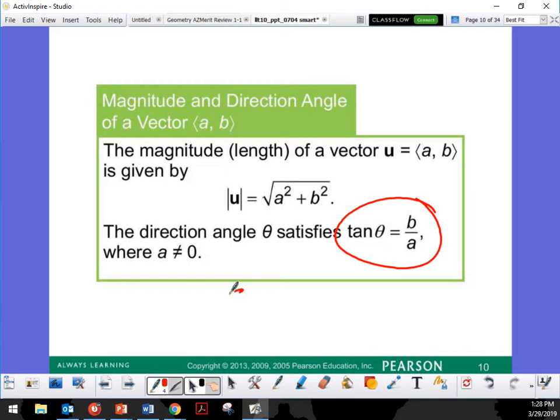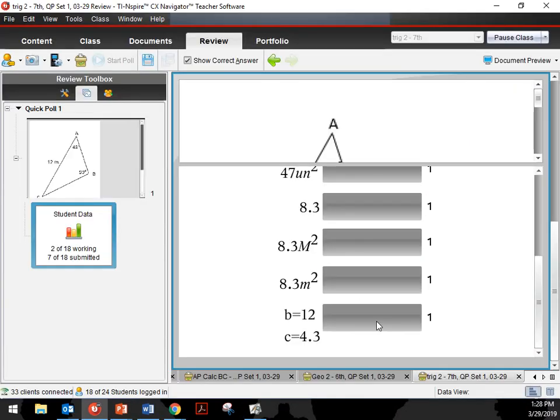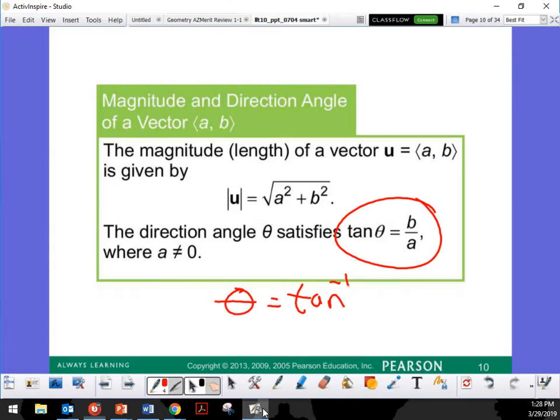So theta equals inverse tan of B over A. This is a formula, and I'm pretty sure I had it in my notes last year. You guys need to have this also. If you watched the video, it was on there too, right? Okay, good. So it's necessary. Let's keep going.